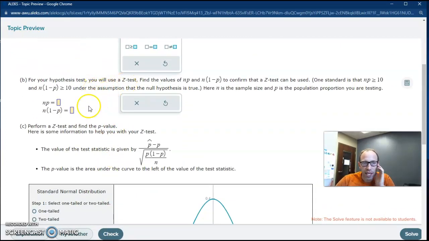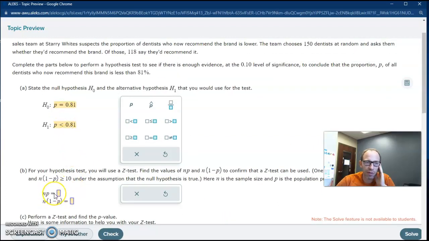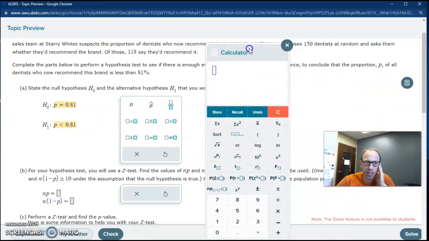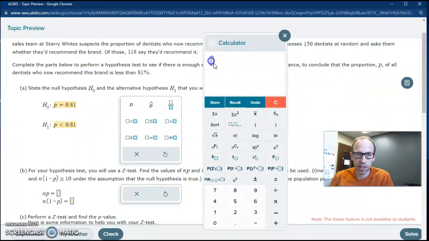We're going to use a z-test, which is what we do when we're working with proportions. In order to use it, there are some rules of thumb. n times p: n is the number of people in our sample, 150, and p is our 0.81. 0.81 times 150 gives us 121.5.